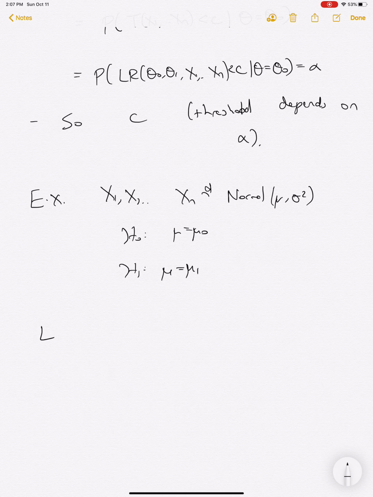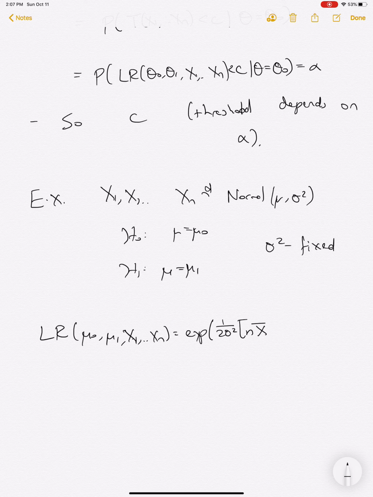And so remember the likelihood ratio there. Here sigma squared is fixed and constant. And then we had, okay, I believe that's correct, but you can check that.